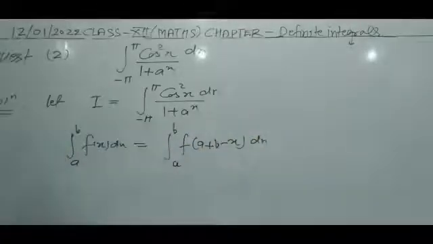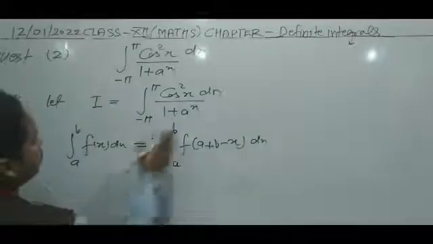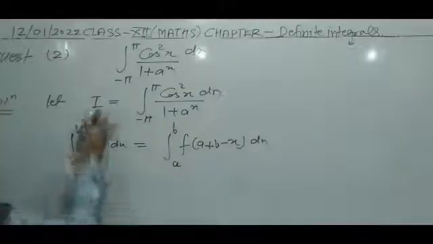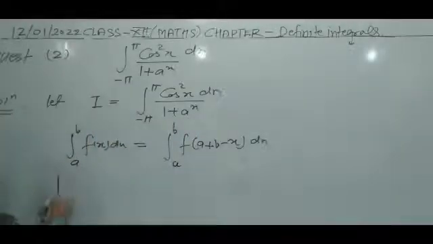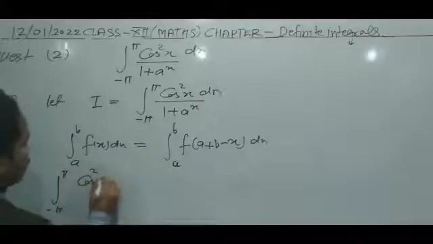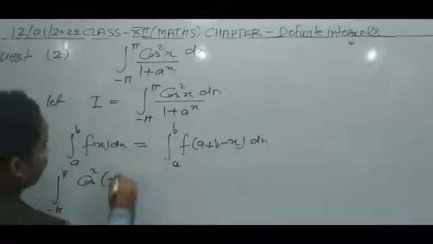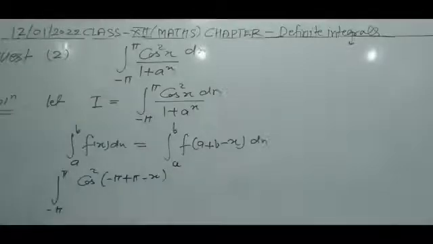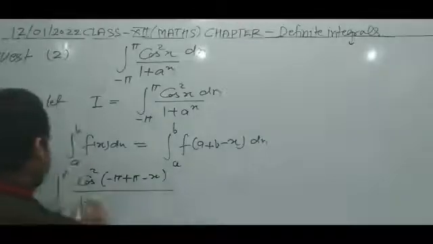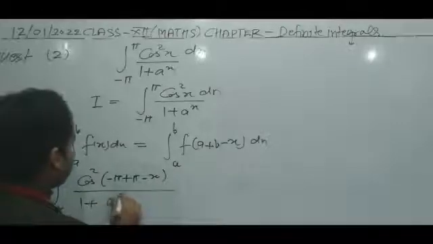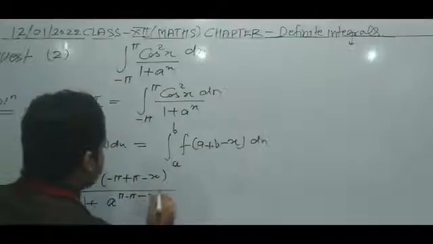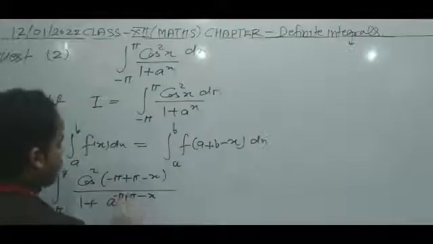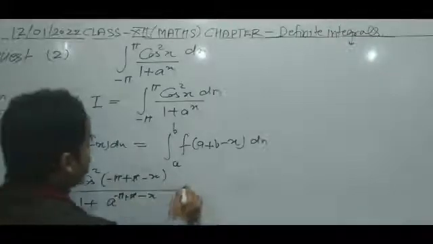Now in this expression, at the place of x we have to write: the integration from minus pi to pi of cos square (minus pi plus pi minus x) whole upon 1 plus a to the power (minus pi plus pi minus x), so this will cancel, dx is here.